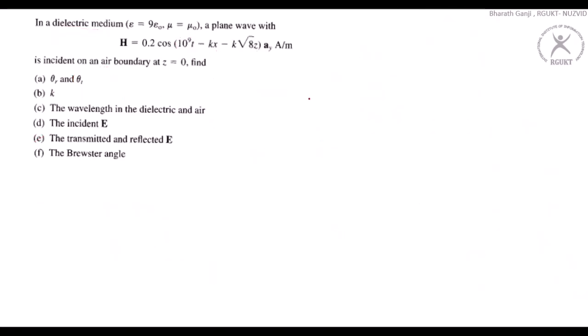So what about the Brewster angle? This polarization is parallel polarization, so this is a parallel polarized wave. For parallel polarization, because mu r1 and mu r2 are both equal to 1 and they are dielectric mediums, the Brewster angle simply becomes tan inverse of the square root of epsilon r2 divided by epsilon r1.